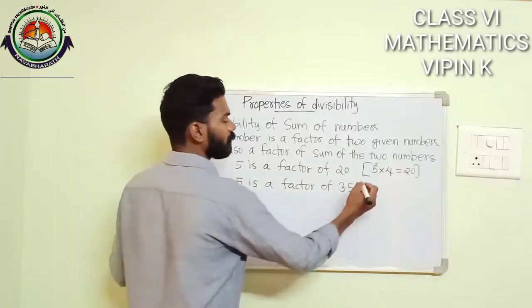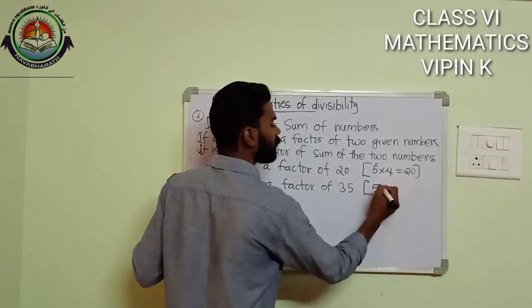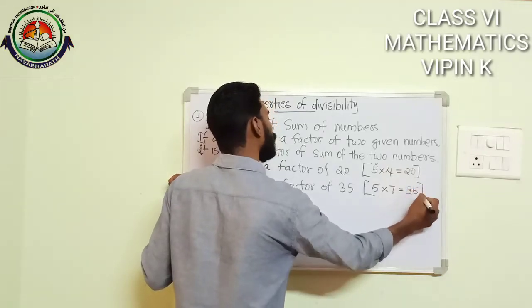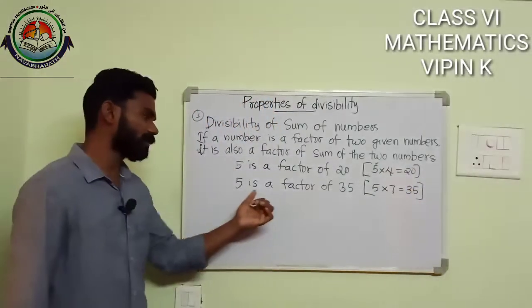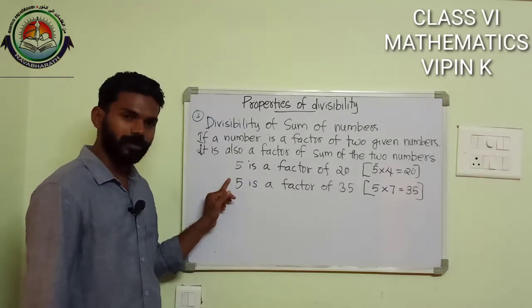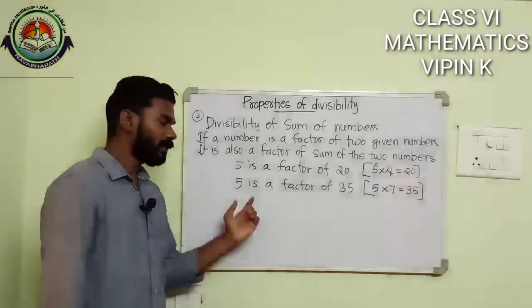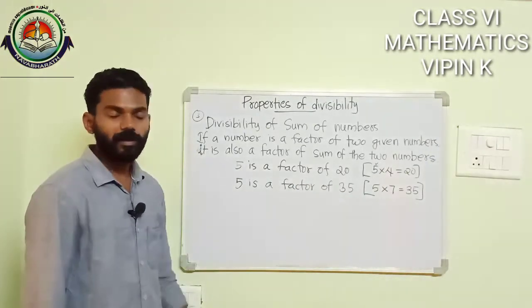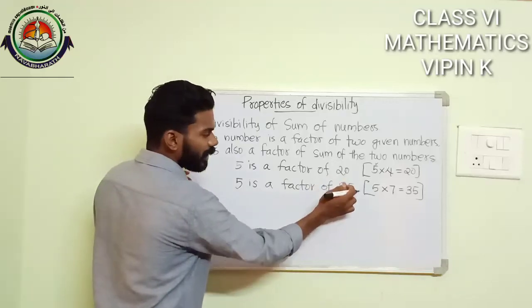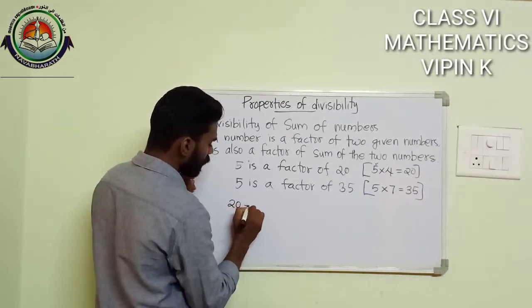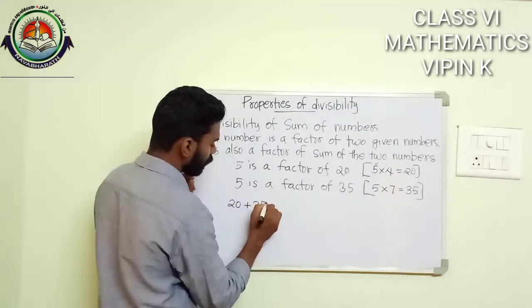Why? Because 35 can be written as 5 into 7. 5 7s are 35. So the same number 5 is a factor of 20 as well as a factor of 35. Now I am going to consider the sum of these two given numbers, which is 20 plus 35.